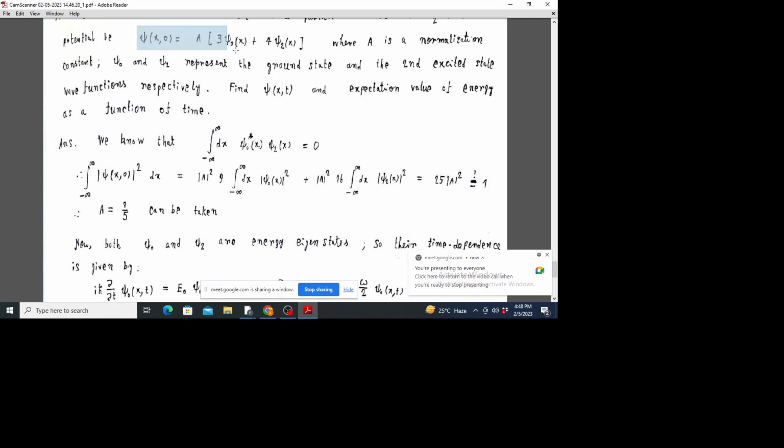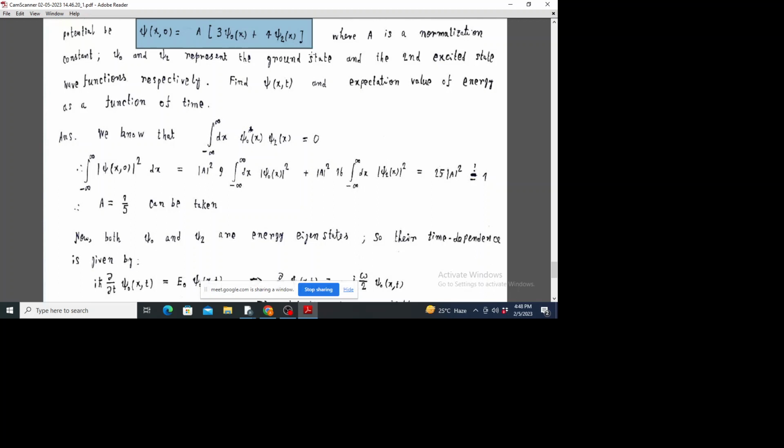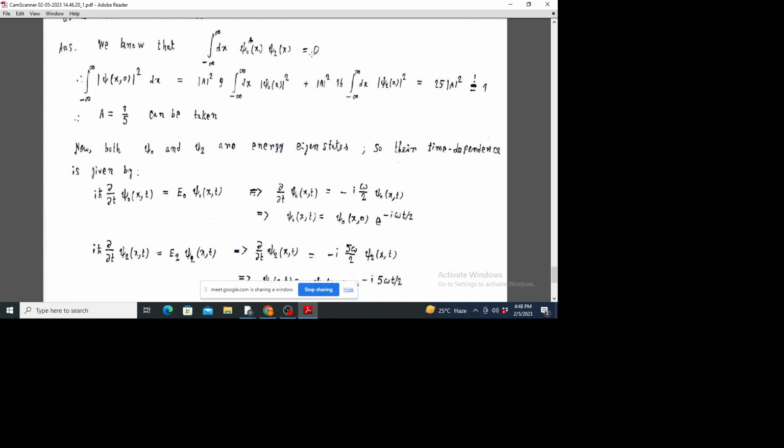So can we not write psi of x comma t as psi of x comma 0 into phi of t, where phi of t is nothing but e raised to minus i E t by h bar, and then multiply phi of t into psi of x at 0, which will give us psi of x of t, and then use that wave function for finding the expectation value of energy. I think that would be easy. Yes, that is what I am doing.